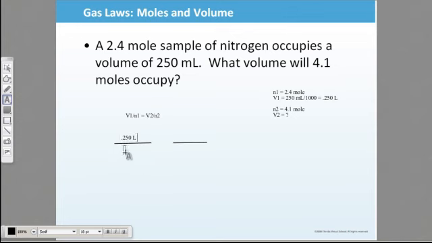The number of moles was 2.4. On the right side, the new moles are 4.1, and we need to figure out V2. So cross multiplying, we get 0.250 liters times 4.1 moles. That's equal to 2.4 moles times V2.